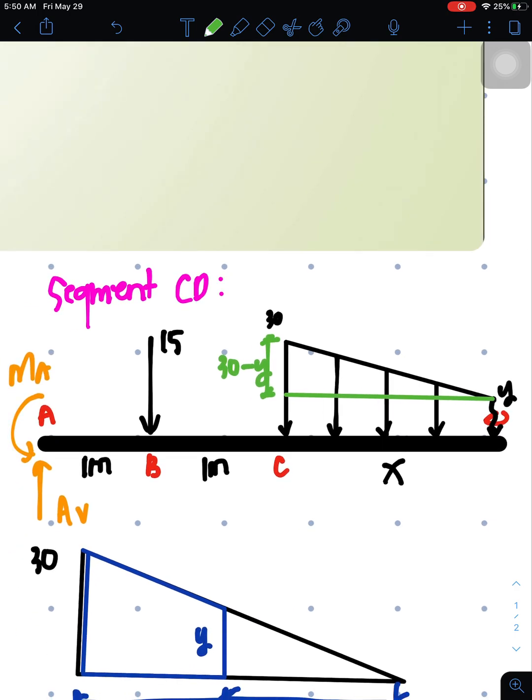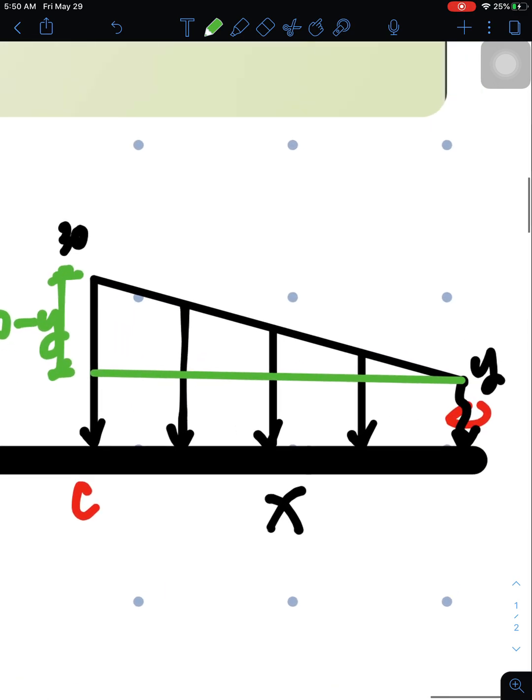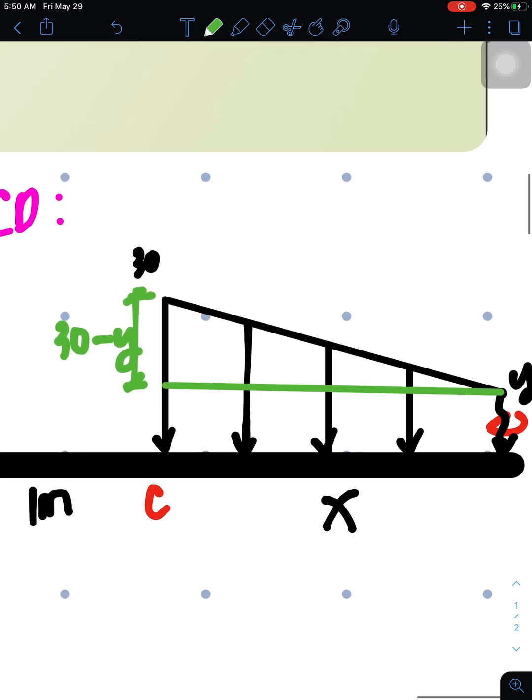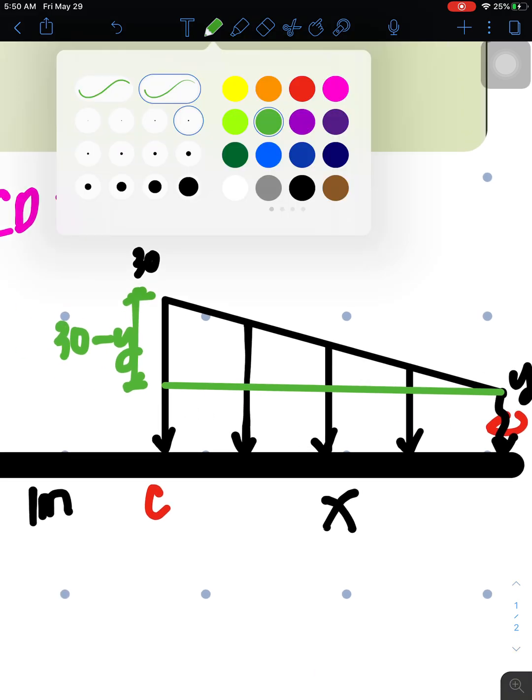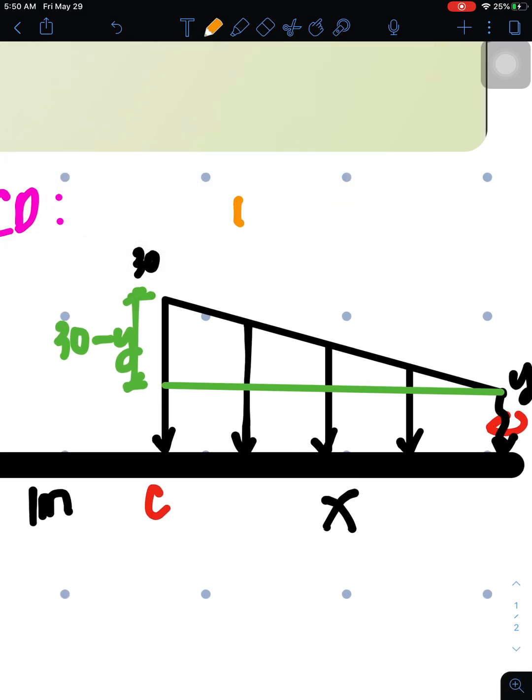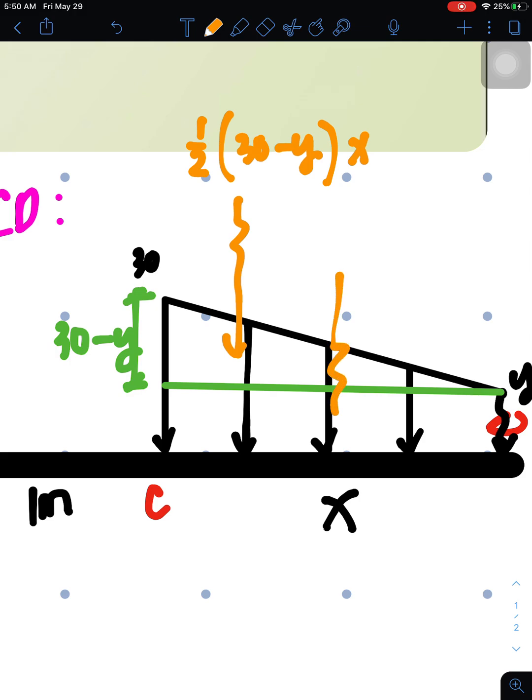This is 30, and this is y here. So kung saan na to ang resultant. The resultant for the triangle is 1/2 of 30 minus y times x. And then the resultant for this rectangle is y times x.